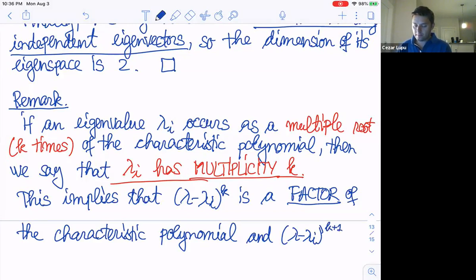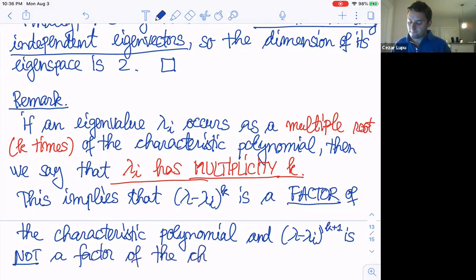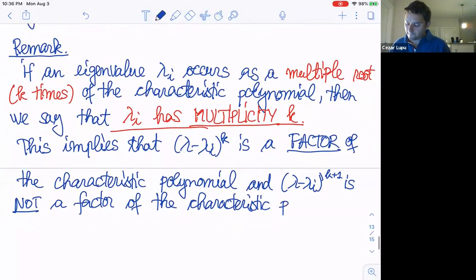So the next one is not a factor of the characteristic polynomial. Right?